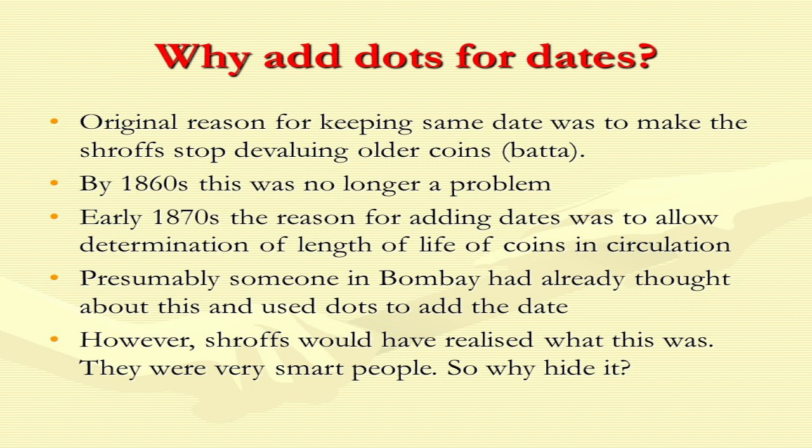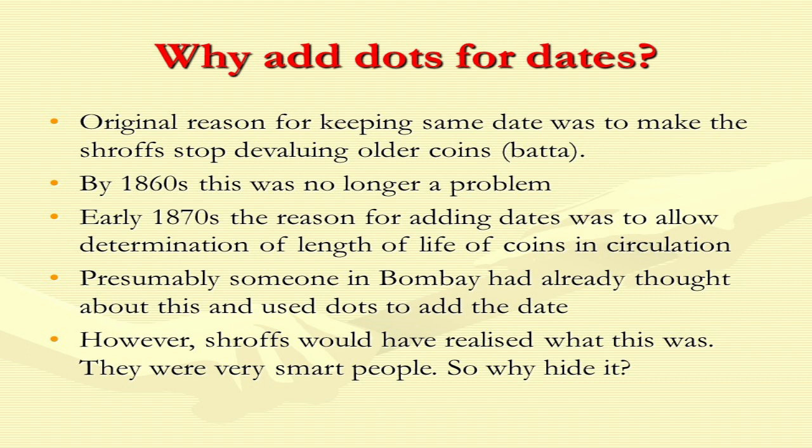And early in the 1870s, as I've already said, they decided to start putting dates on the coins. Presumably, somebody in Bombay in the 1860s thought, well, actually, we could put dots on and use them as dates. But they must have thought that the Shroffs would see them. I mean, they weren't stupid, they were clever people, and they would be able to work out they were dates. But did that really matter? Probably not.